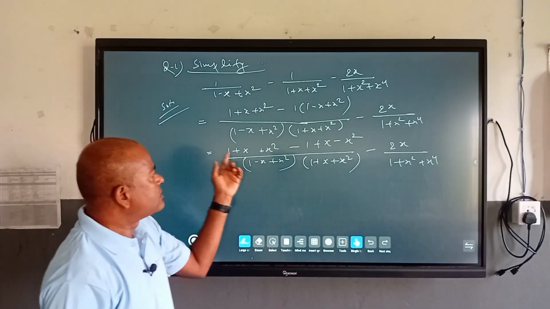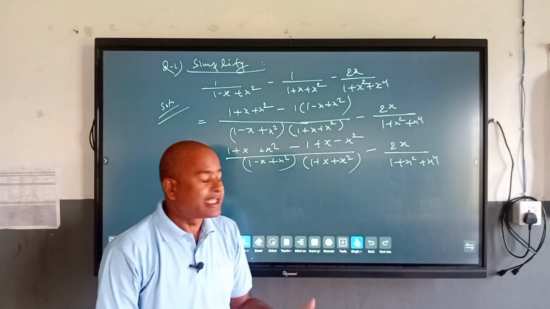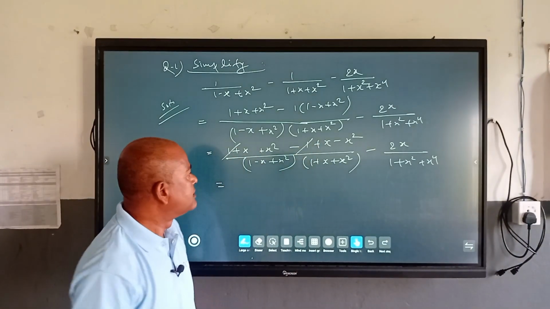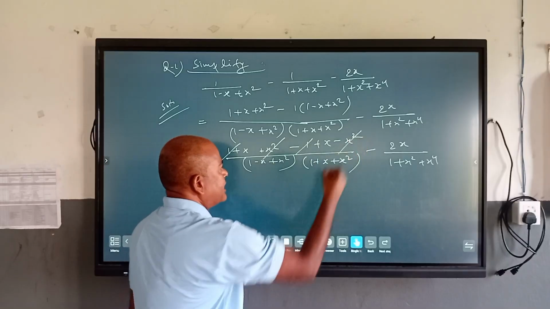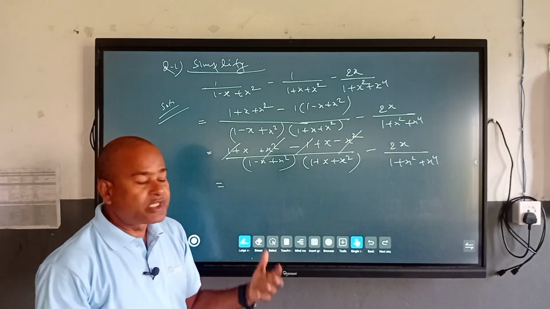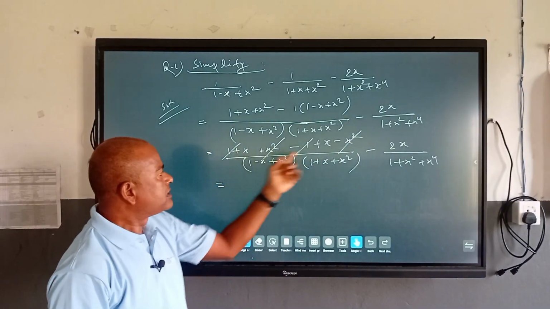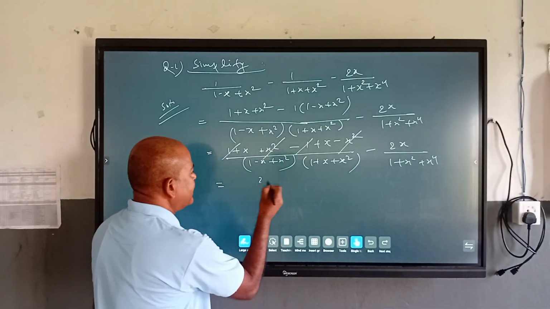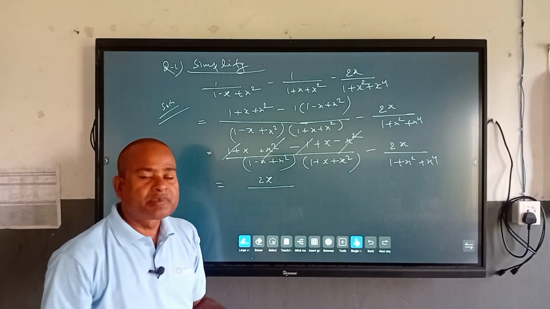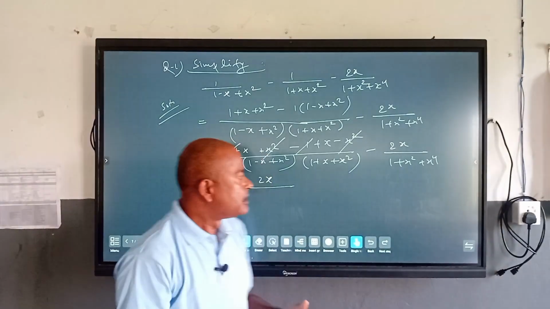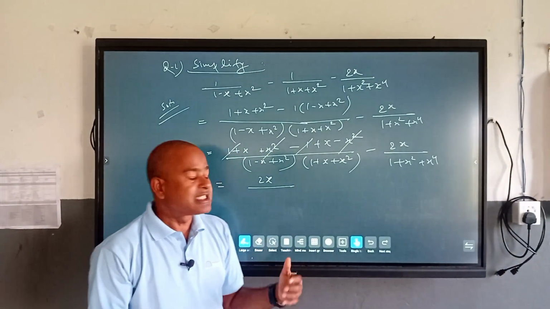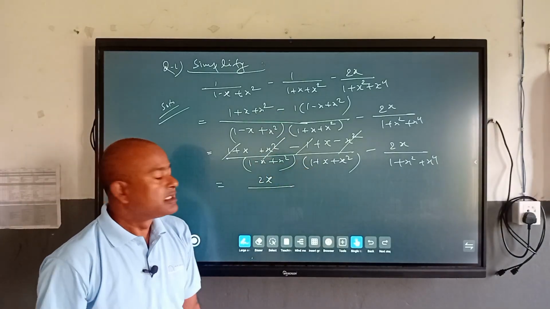So dear students, now some of the terms we can cancel. Plus 1 and minus 1 will cancel. Minus x square and plus x square will also cancel. Now we have got only two terms, x plus x. After adding them, we get 2x. Now let's combine the denominators also.